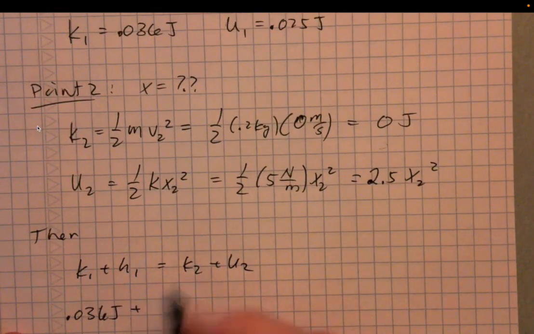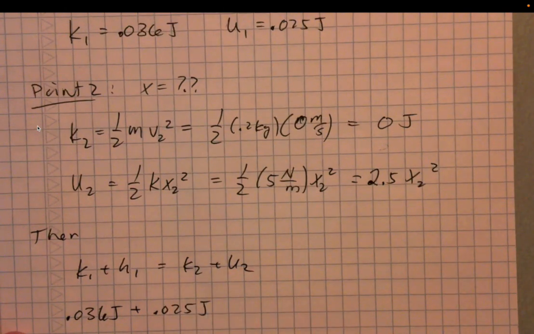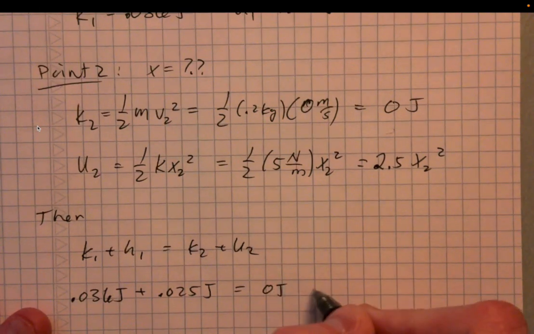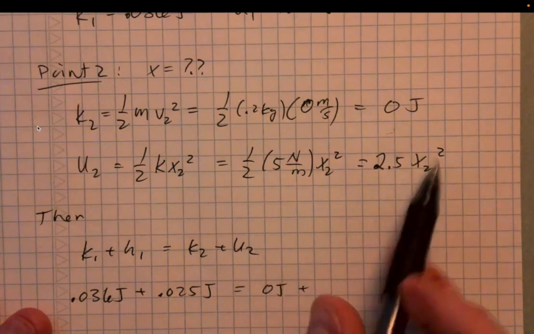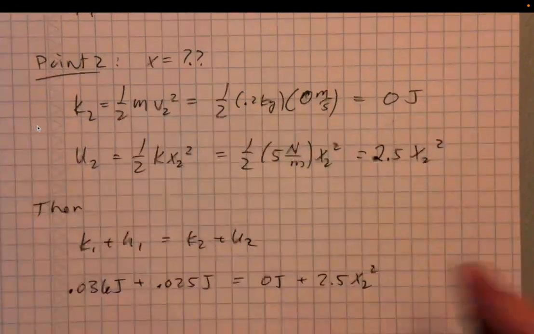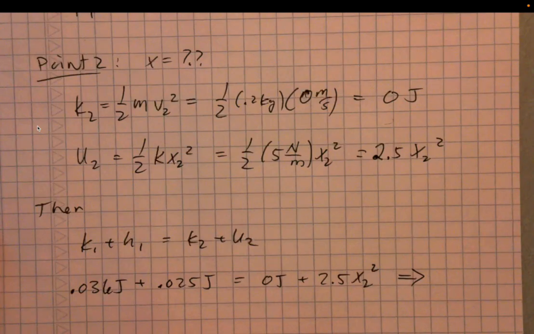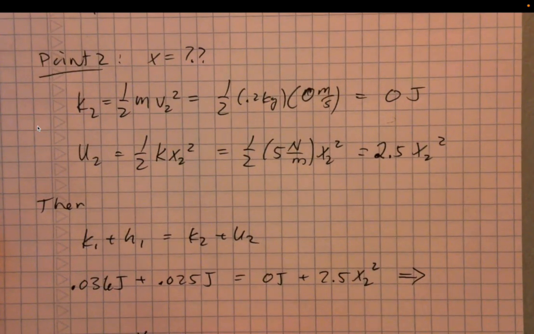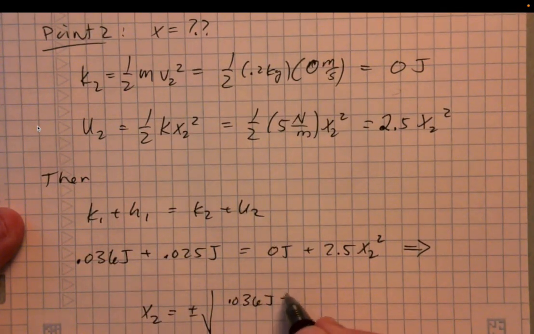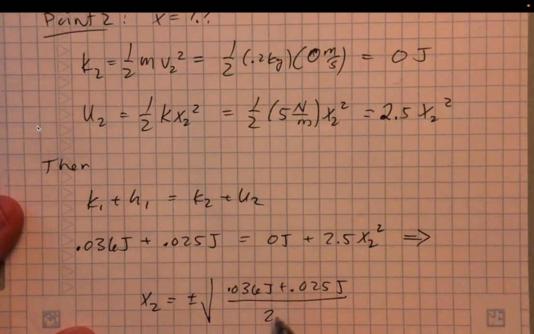0.036 joules plus 0.025 joules is equal to the kinetic energy at point 2, which is 0 joules, plus U2, which is 2.5 x2 squared. And so we can solve for that directly here. x2 is equal to plus or minus the square root of 0.036 joules plus 0.025 joules divided by 2.5.